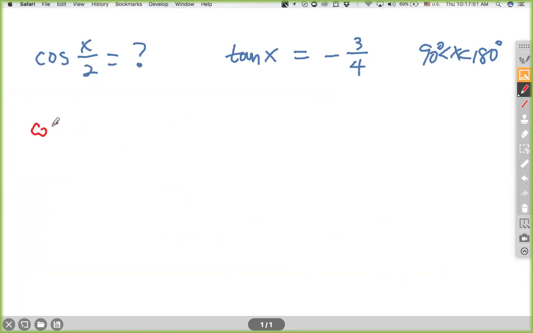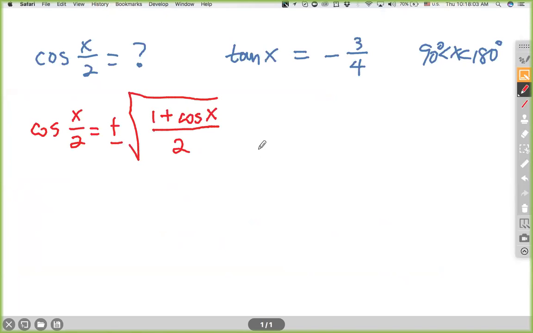So what we need is the cosine x over 2 formula, which is plus or minus the square root of (1 plus cosine x) over 2. Let's work this out.